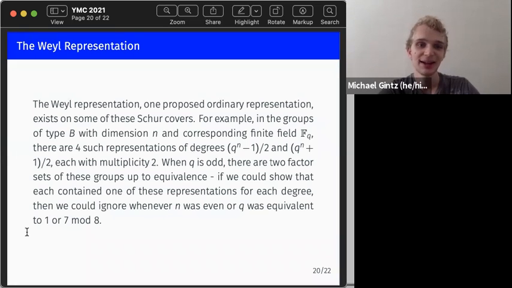Now, if we could show that these factor sets split up these representations of equal degree, then this would mean that whenever n is even, or q is 1 or 7 mod 8, one of these degrees would have to have a square factor. In particular, it would have to be a multiple of 4. And this means we could ignore the cases when n is even or when q is equivalent to 1 or 7 mod 8. And while there are other such representations we could consider, this one illuminates enough of the information that it's not really worthwhile to look at the others here.